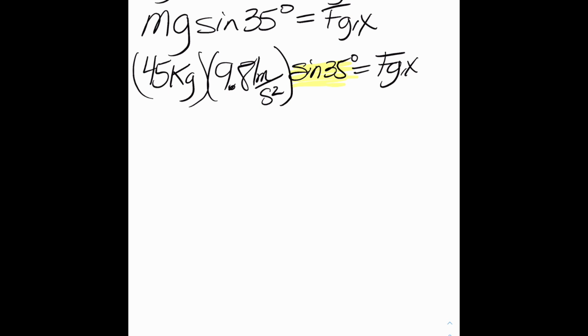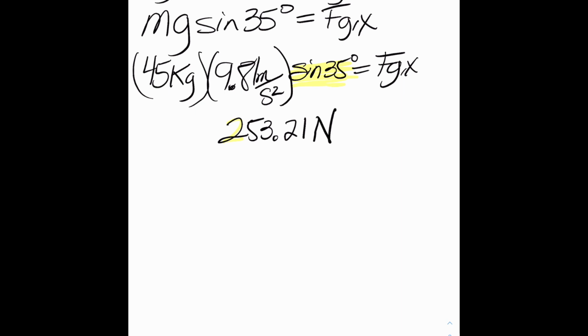So let's go ahead and multiply this. Yeah, it looks like FG was 441.45. So we'll multiply that by the sine of 35, which is going to give us 253.21.